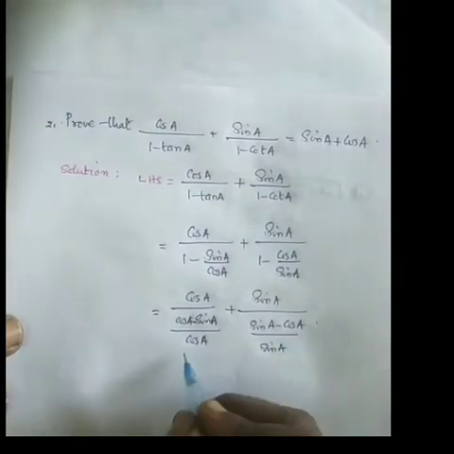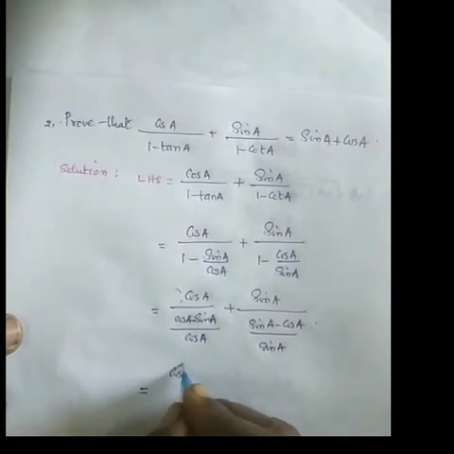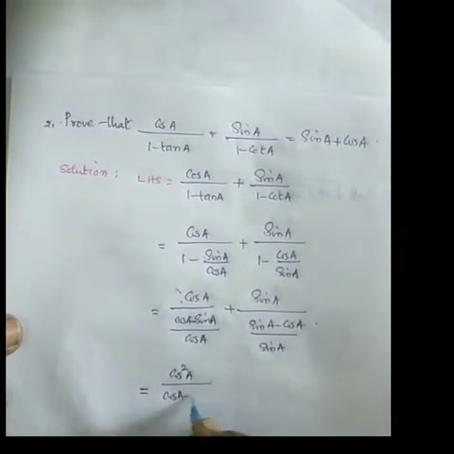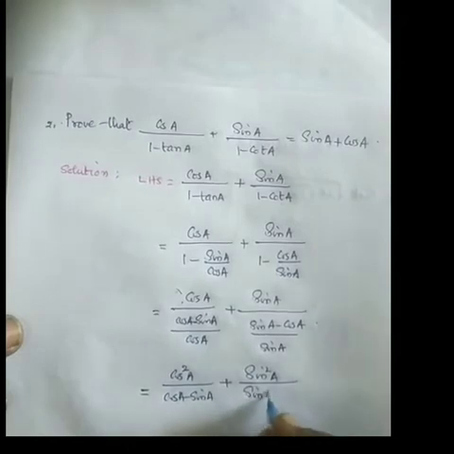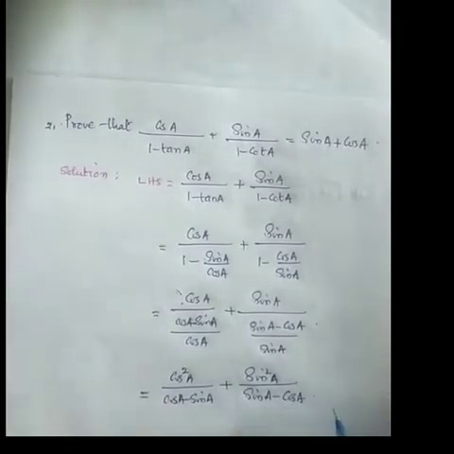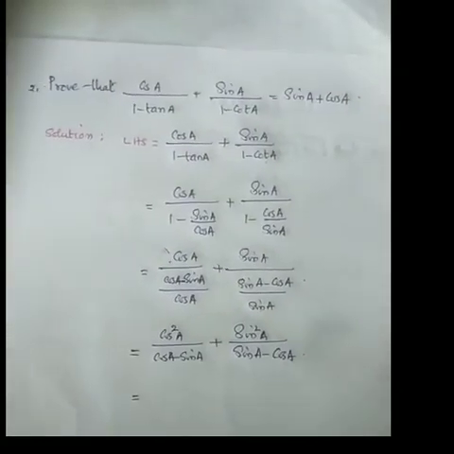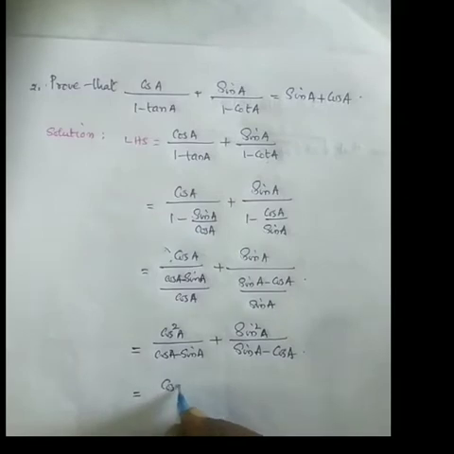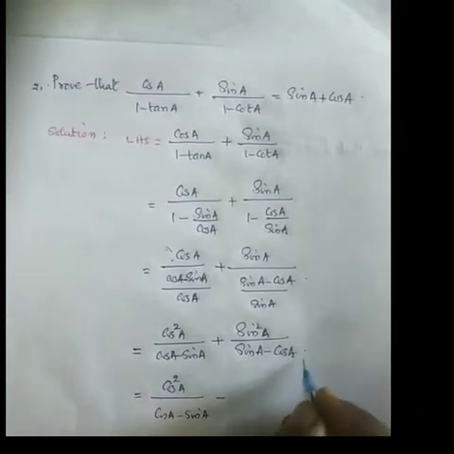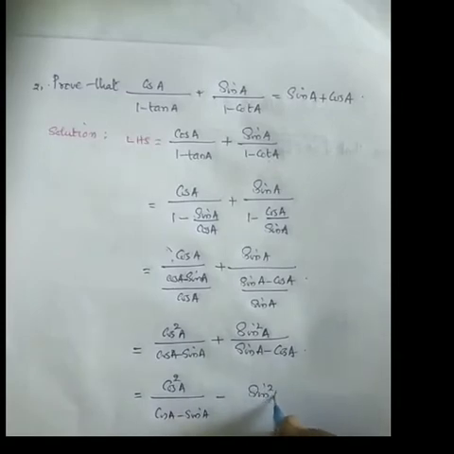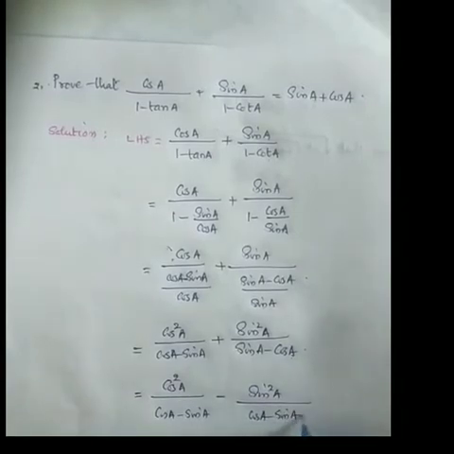Then rearranging the terms we get cos A into cos A, cos square A divided by cos A minus sin A, plus sin square A divided by sin A minus cos A. Arranging once again, taking minus as a common factor, minus sin square A divided by cos A minus sin A. See, the denominators are the same.